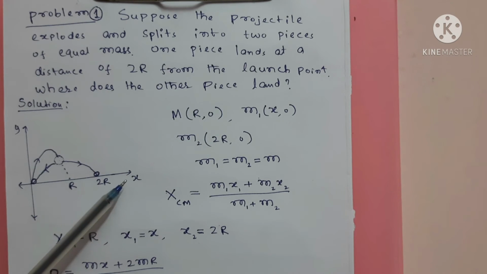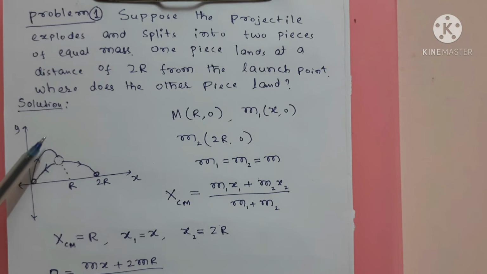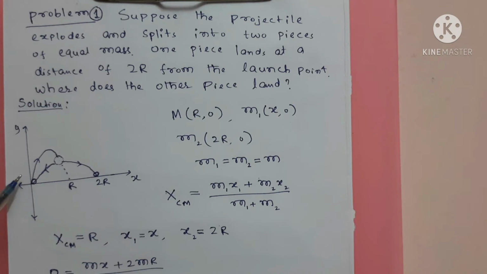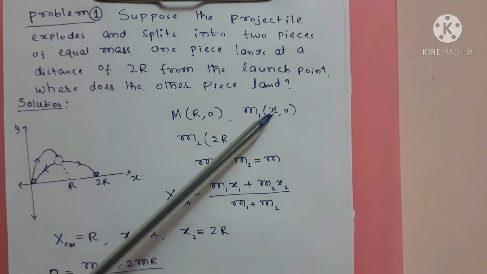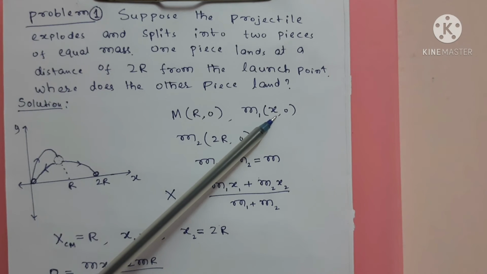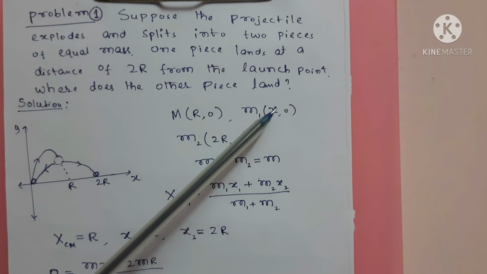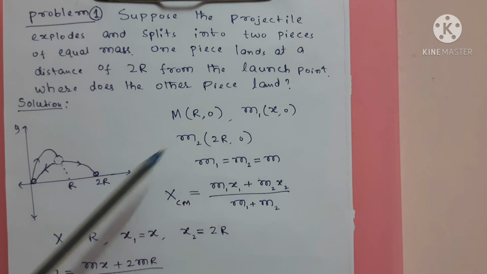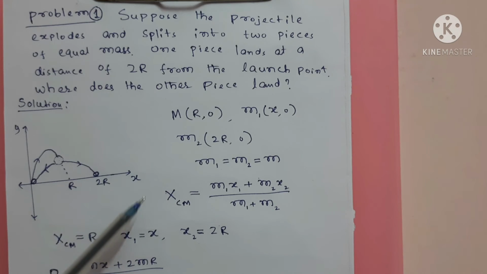Now one of the fragments, I am calling it M1. You call this M1, this M2. M1, where it has landed, we don't know. That we are going to calculate. So I am assuming M1 has landed at some arbitrary point x. So x coordinate of M1 I am calling x, comma 0. 0 is the y coordinate, because it is falling on the x-axis.